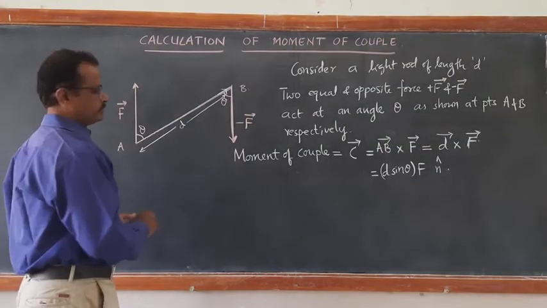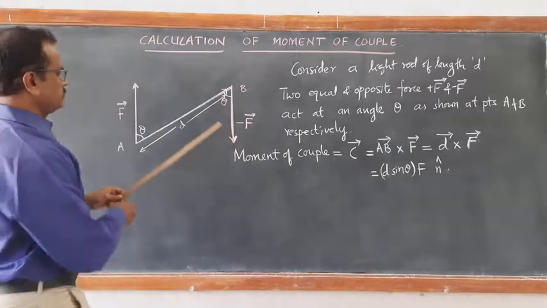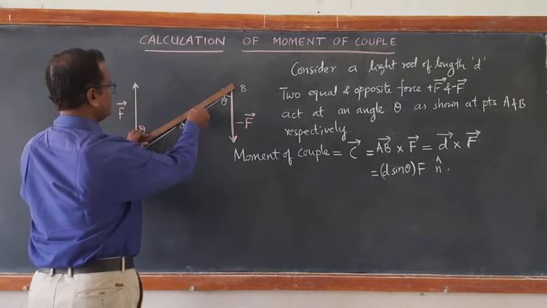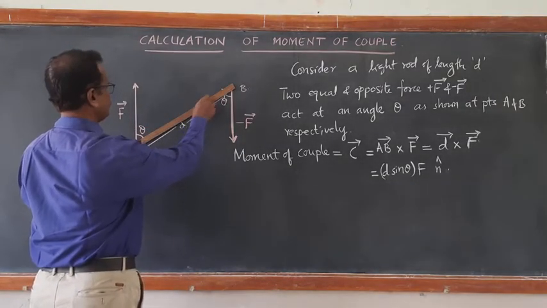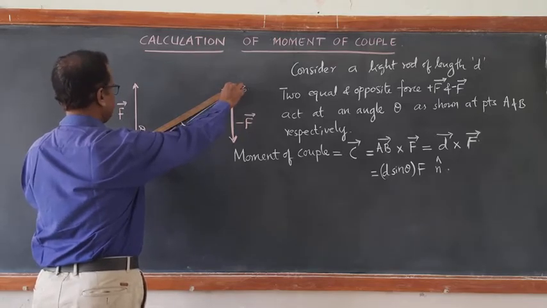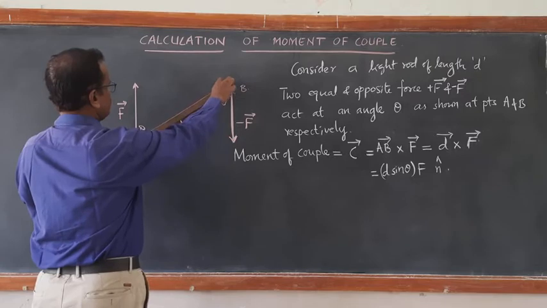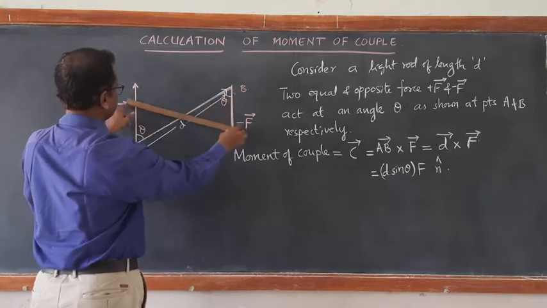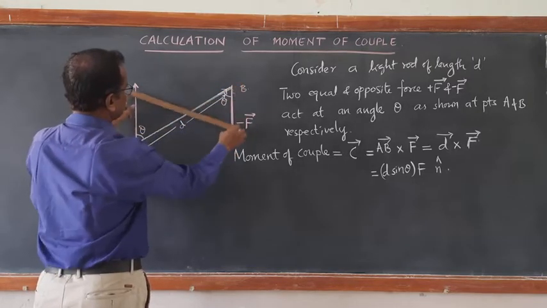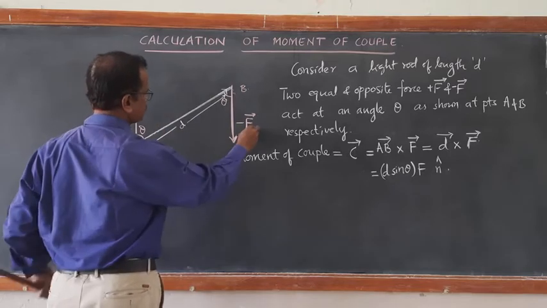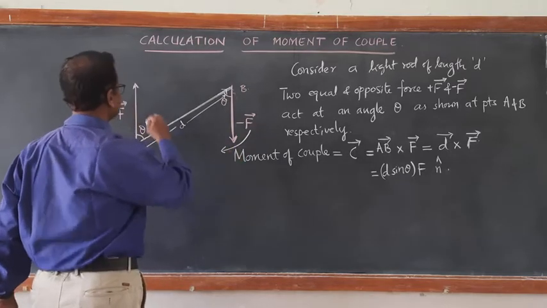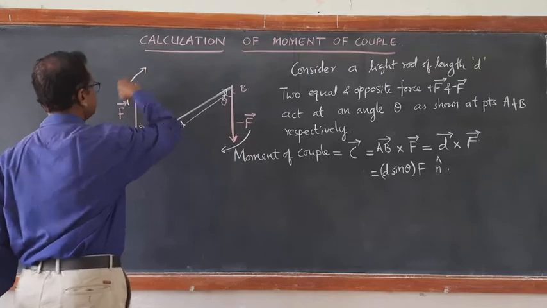Now you see, if I keep the scale here and two forces are acting, one is acting vertically downwards, another one is acting vertically upwards. So this rod tends to turn clockwise. This force tends to turn clockwise, and this force also tends to turn clockwise.